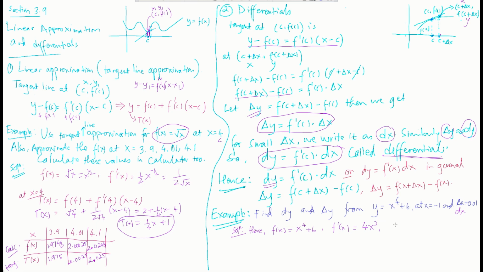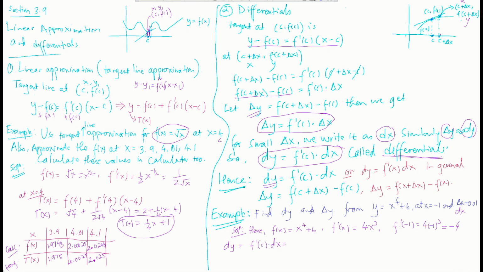So what is f prime at -1 then? f prime of -1 will be basically 4 times -1 to the cube, right? -1 to the cube. So this will be -4. You understand that?